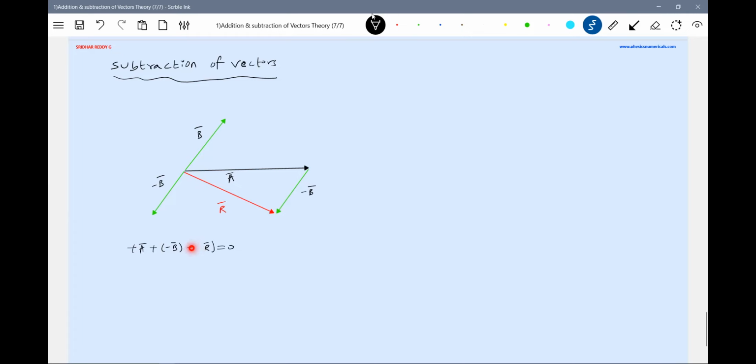If I move from tail to head, it should be positive. But this vector itself is minus b bar. Here you see that I'm moving from positive to negative, so this will be negative here. The vector itself is negative here. So then this will become a bar minus b bar equal to r bar. We are subtracting.